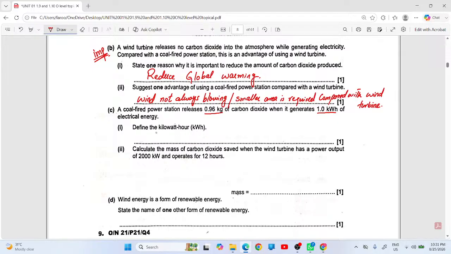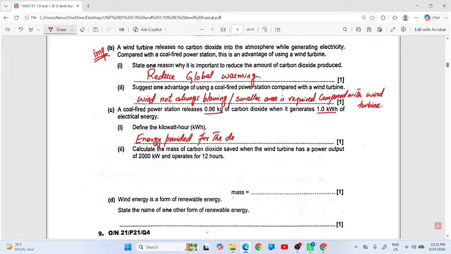The energy. Sir, energy used, energy provided in 1 hour.